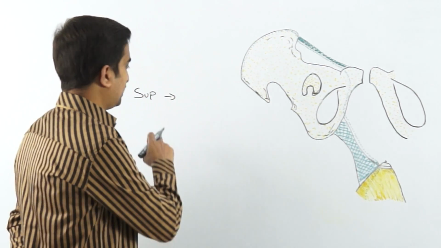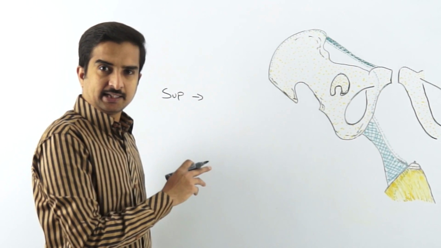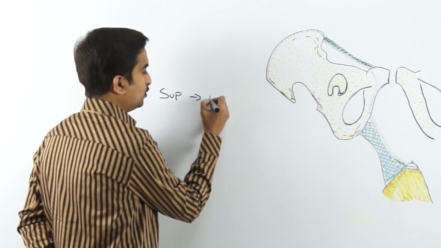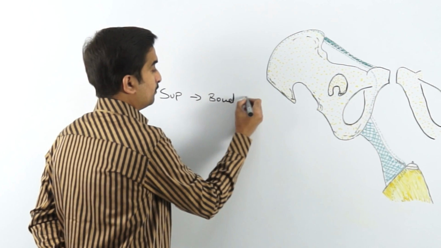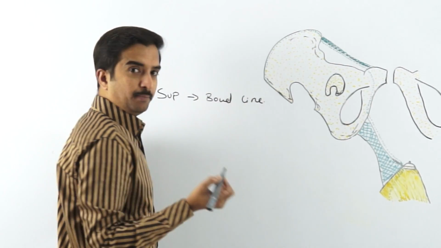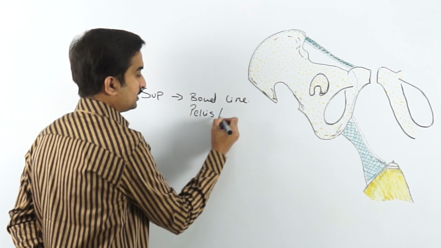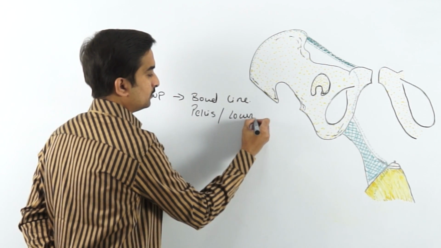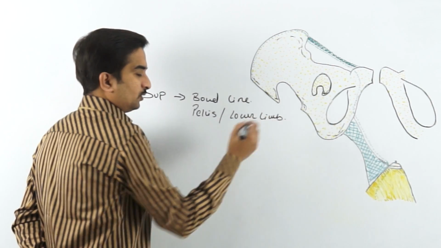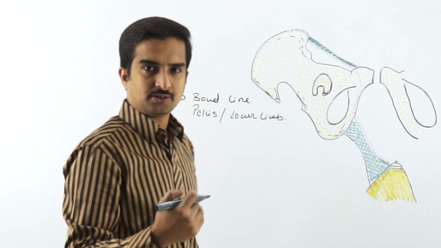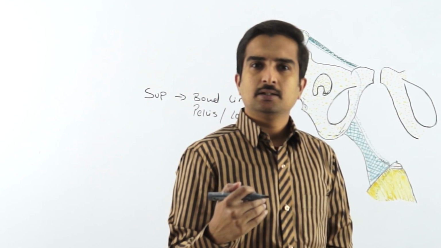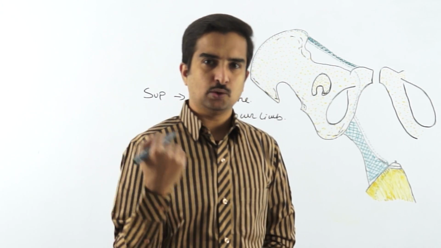So the superior attachment of the fascia lata is the boundary line between the pelvis and the lower limb.